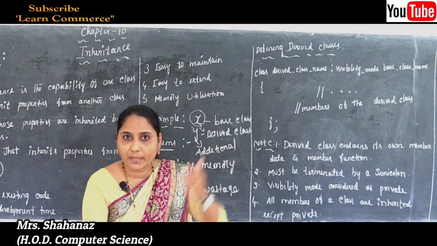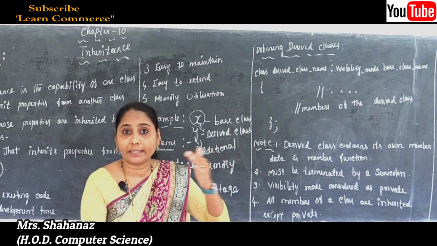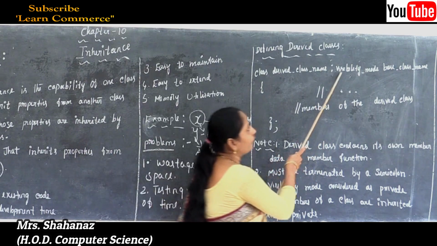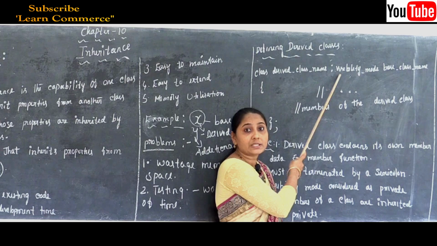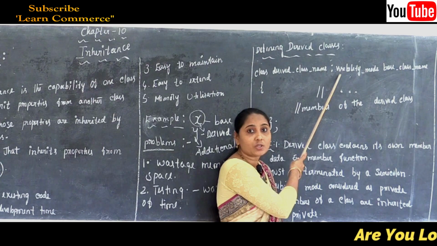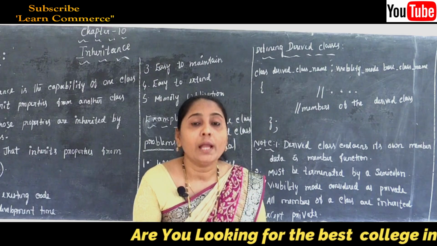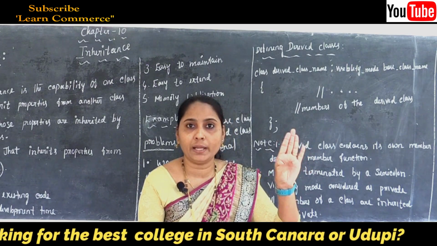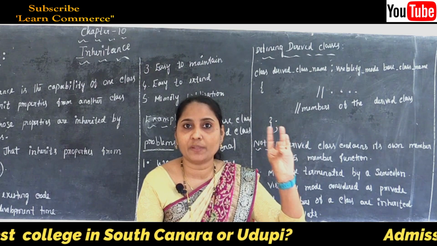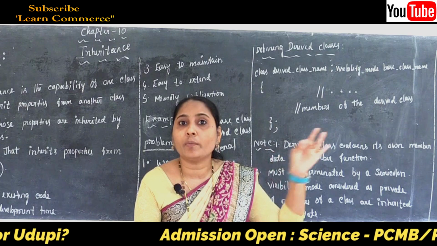Maybe from the public side, maybe from the private side, or maybe from the protected side. So in the visibility mode we write from which side you want to access the features of the base class. That is called the visibility mode. The types of visibility mode are public, private and protected. That means from which side the features should be accessed in our new class.